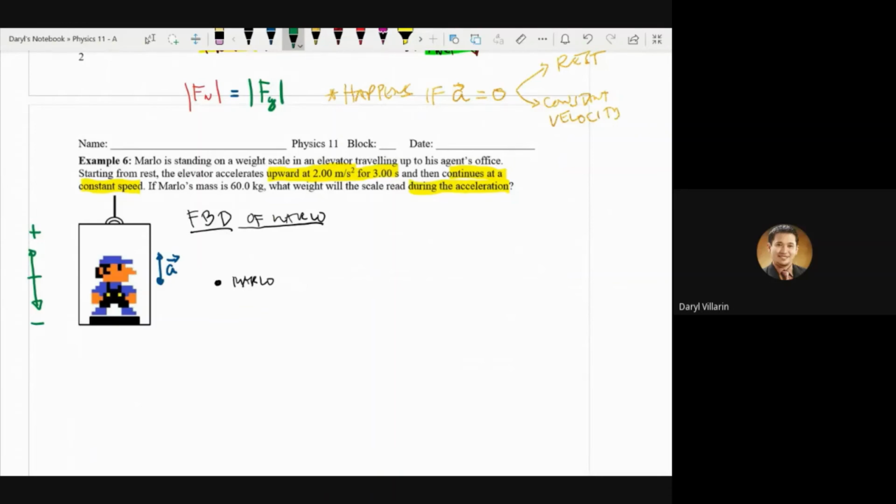Now, going back to the free body diagram, I have two forces: the normal force, which in this case is just the scale reading, and the weight of Marlo, which is represented by Fg, equal to the mass of Marlo times the acceleration due to gravity.